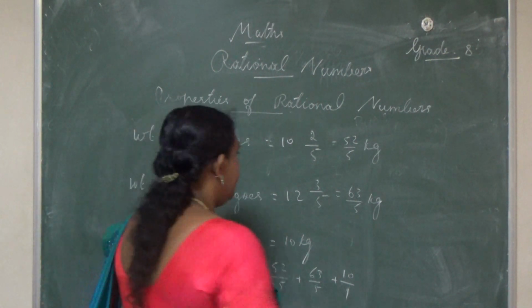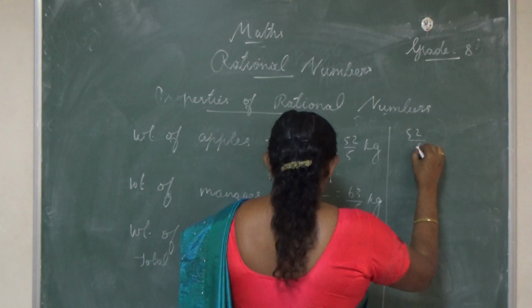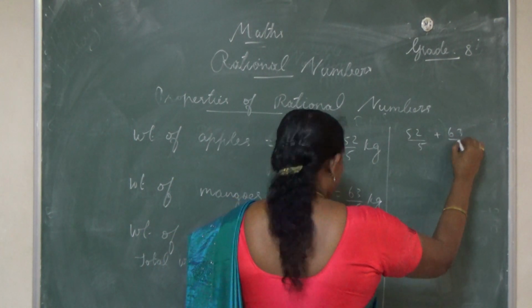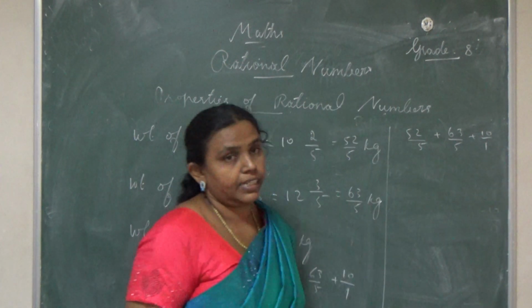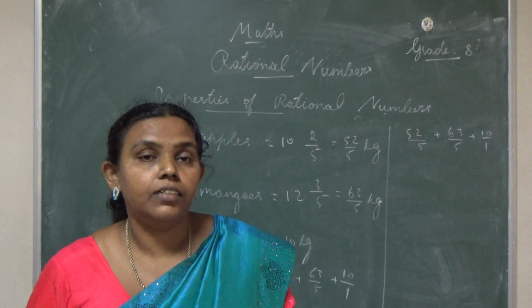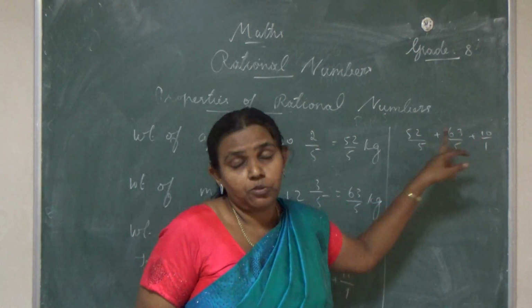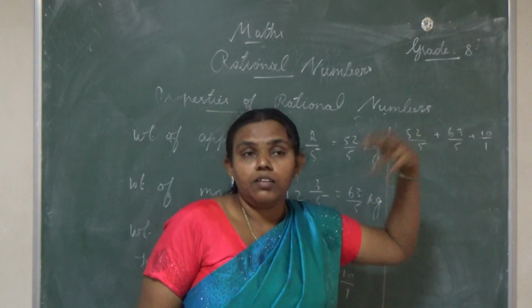Now we are going to add 52/5 plus 63/5 plus 10/1. If you want to add, we have to find out whether the denominator is the same. Here 5, here 5, no problem. Here we have 1, so again we have to go for LCM.